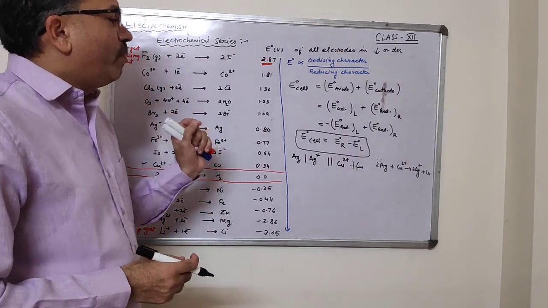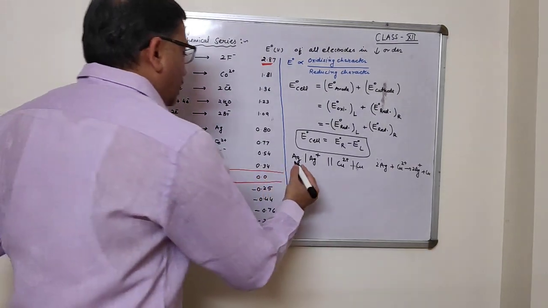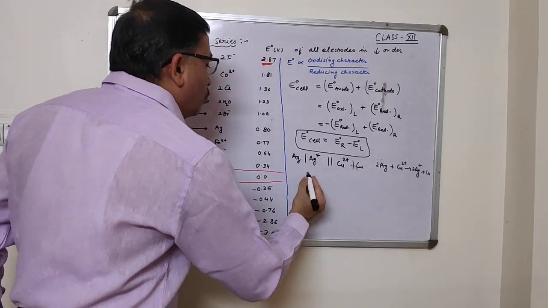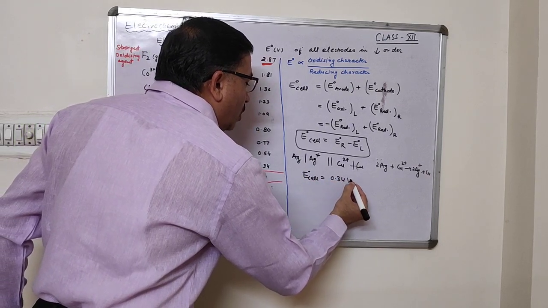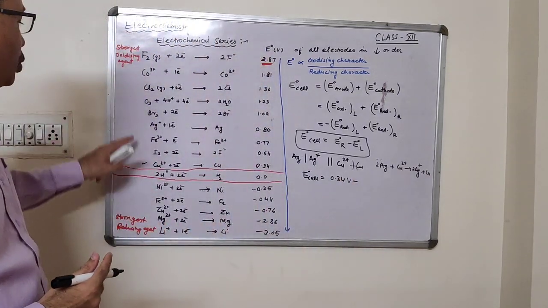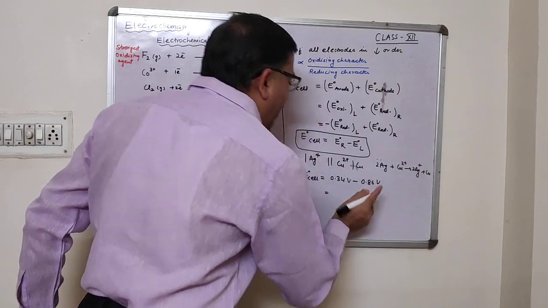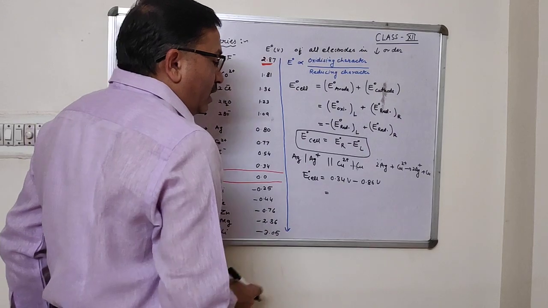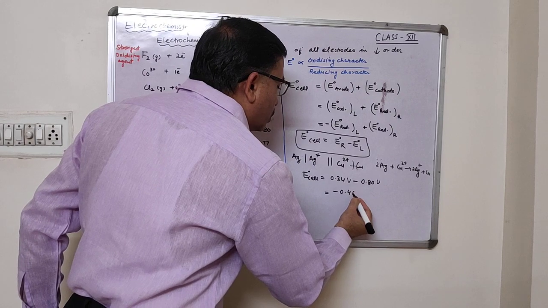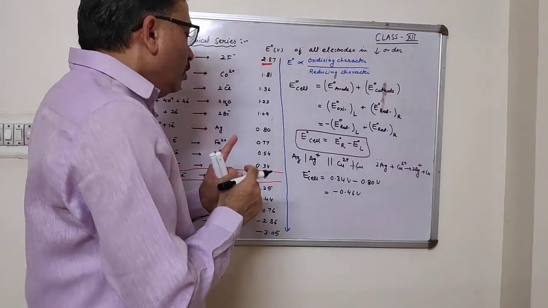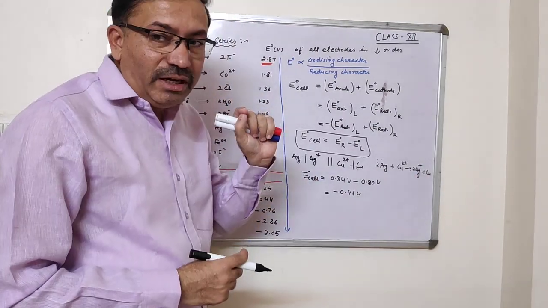We want to predict whether this reaction is spontaneous or not. So how can we determine, say, E naught cell. Cu2 plus to Cu, just now I told, is 0.34 volt, minus Ag plus to Ag, it is 0.80 volt, and it is positive. When we solve this one, it comes to minus 0.46 volt. Now see, E naught cell is negative, means this particular reaction is thermodynamically non-spontaneous.